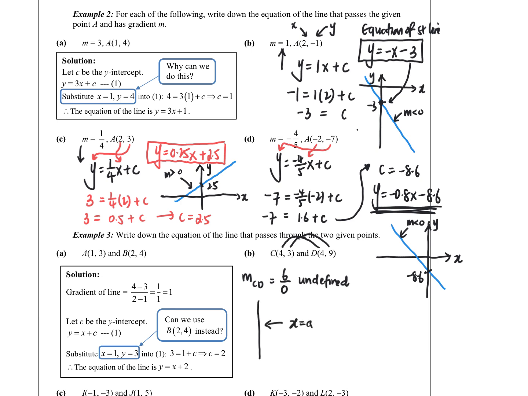So what is that a? It comes from here. The a value is 4 because x is 4 throughout. In your 2 points C and D, the x value is at 4. So your equation is x equals to 4 for this one. So when you get a math error for gradient, don't be scared. It just means that your equation is a vertical line.